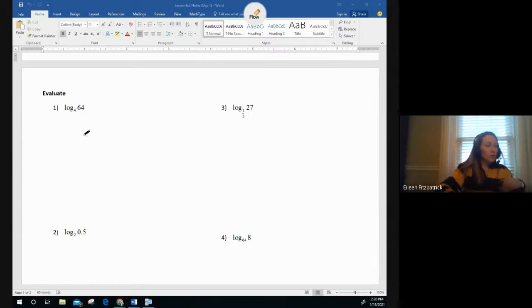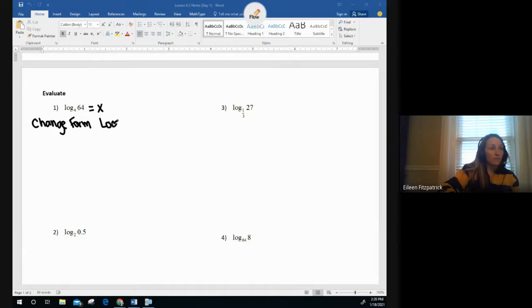So what I'm going to do is change the form, okay? So you can set it equal to a variable. So if I want to set it equal to the variable x like this, and then I'm going to change forms. Whenever you hear me say change form, if you're in log form, you want to go to expo form. So knowing the different forms is important.